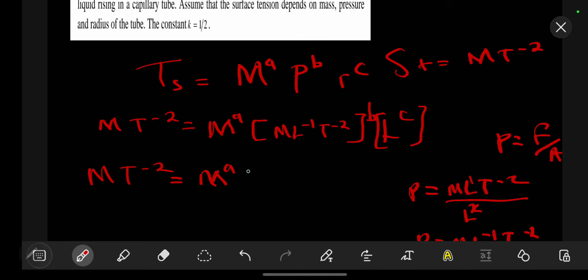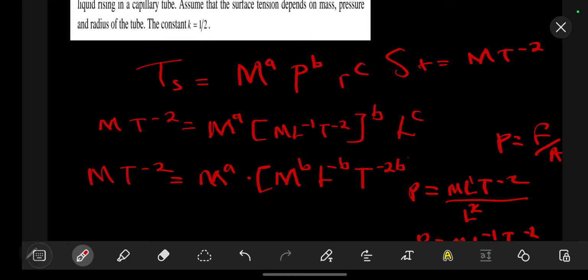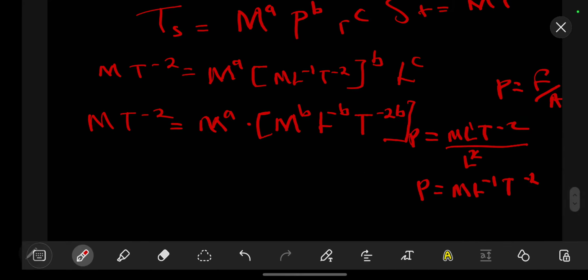Then this power b can be distributed. If it is distributed, we have M to the power of b and L to the power of negative b, since b times negative 1 is negative b. Finally, we have T to the power of negative 2 times b, which is negative 2b.